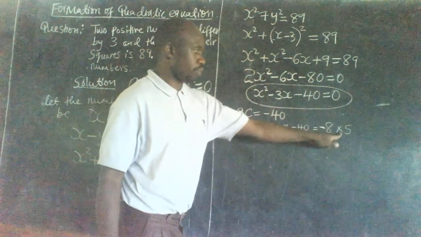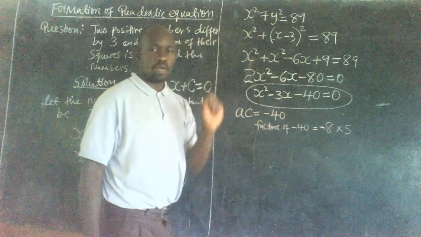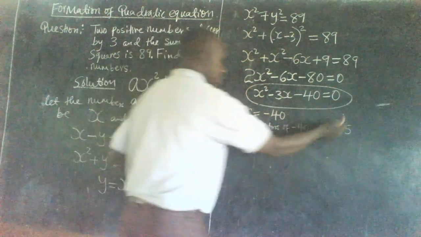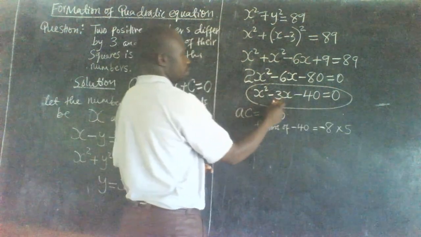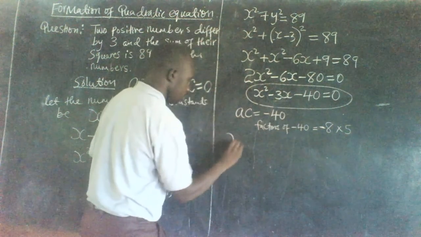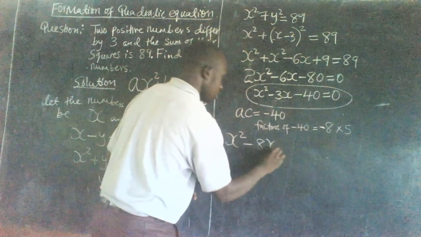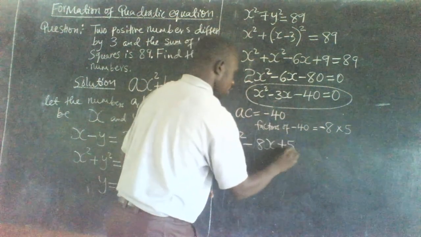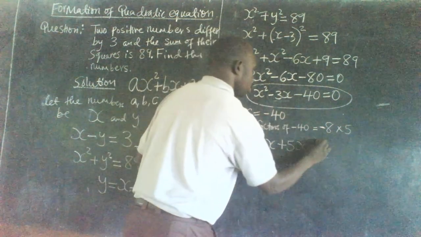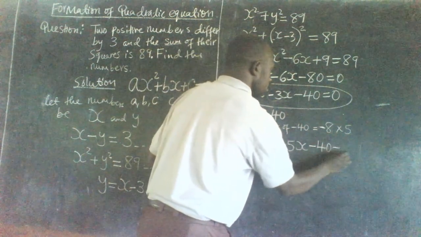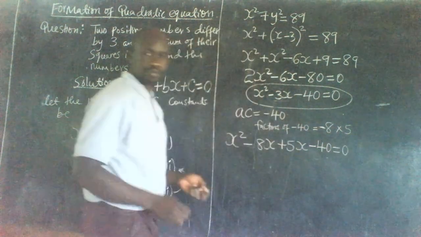Minus 8 plus 5 will be minus 3. So these will be the factors. From here we write it in the expanded form: x squared minus 8x plus 5x minus 40 is equal to 0.